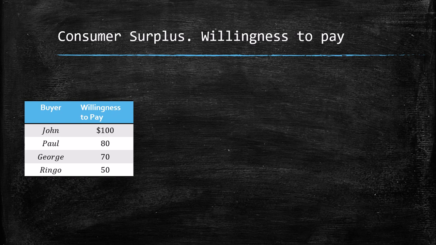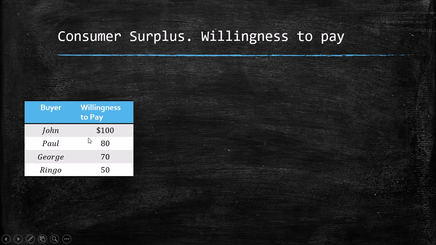We are talking about the Elvis Presley album, and there are four people who would like to buy one album of Elvis Presley. They have different willingness to pay, different amounts that they will pay for an album.